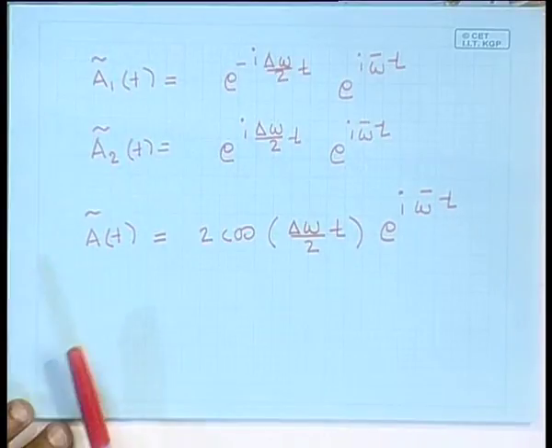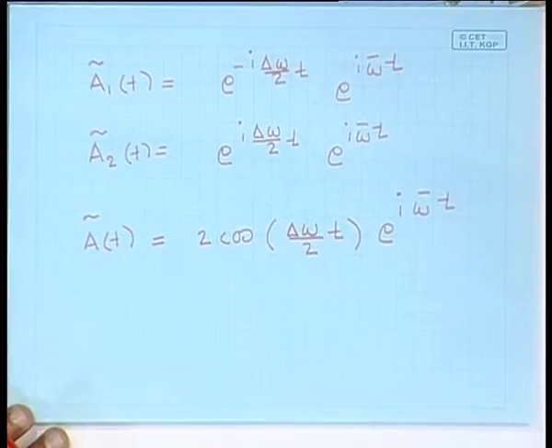So, we see that if we superpose two waves which are very close in frequency, the resultant is a fast oscillation at the mean frequency, and the amplitude of the fast oscillation itself varies slowly at the frequency which is the difference of the two frequencies.